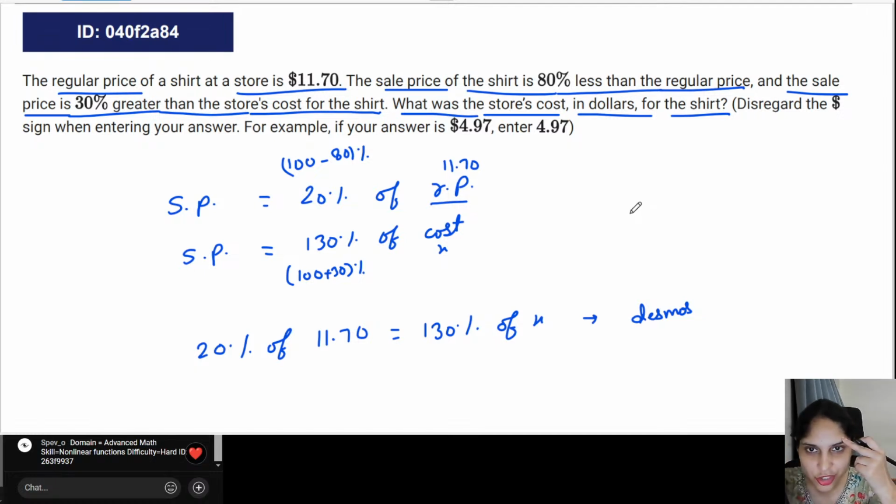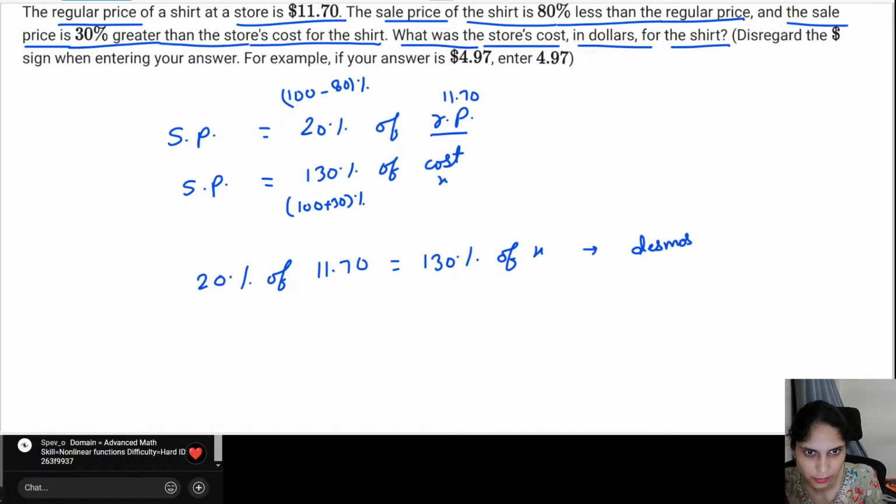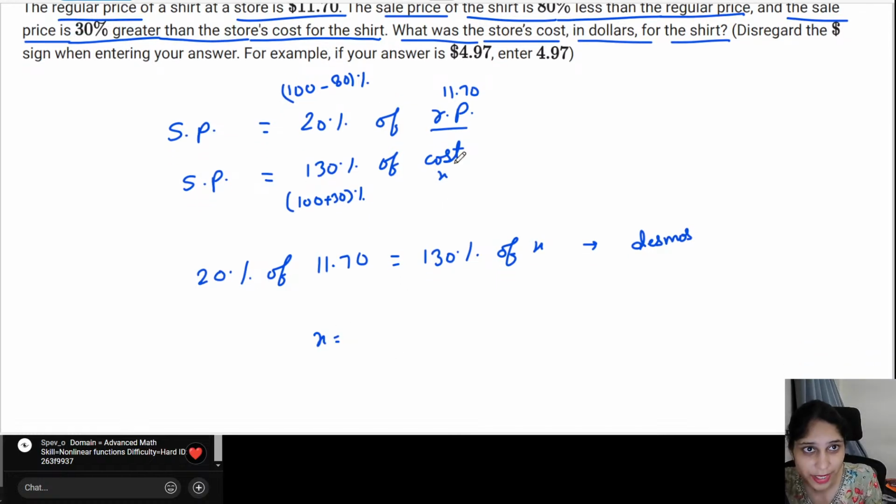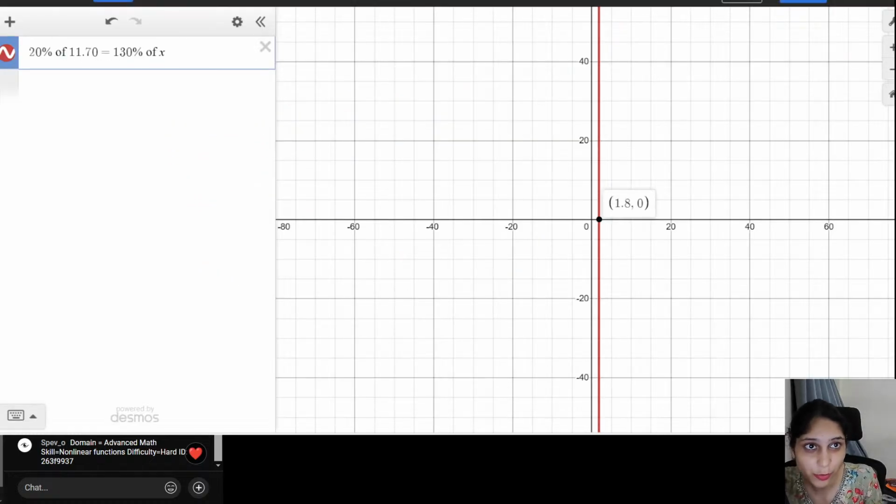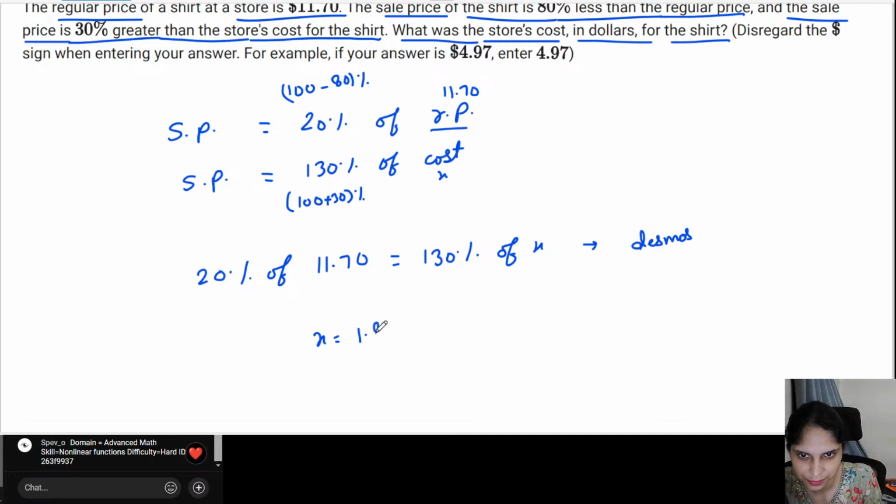They're selling the shirt of 1.8 for $11.70. That's just too much. But okay, their choice. So x we are getting as 1.8. And because they want the answer in dollars, so you can write 1.8 or you can also write 1.80.